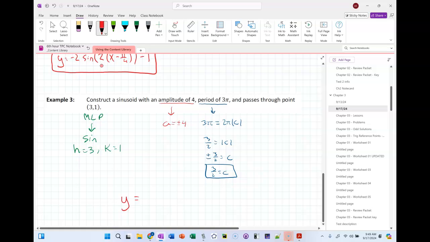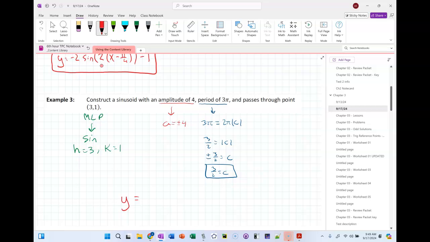What one decision haven't we made yet? Yeah, the plus or minus on the a. Does a being positive or negative affect where that midline point is? It's not going to. So guess what? Both choices are correct. If you choose sine, the sign on a doesn't matter.